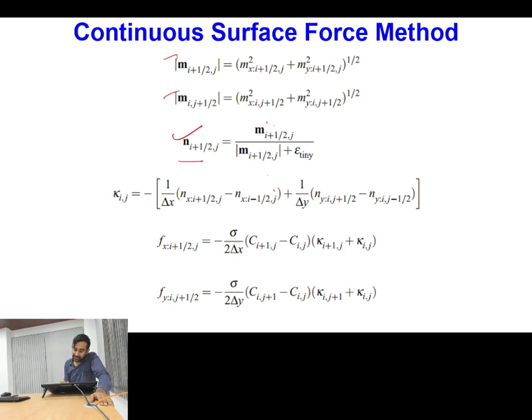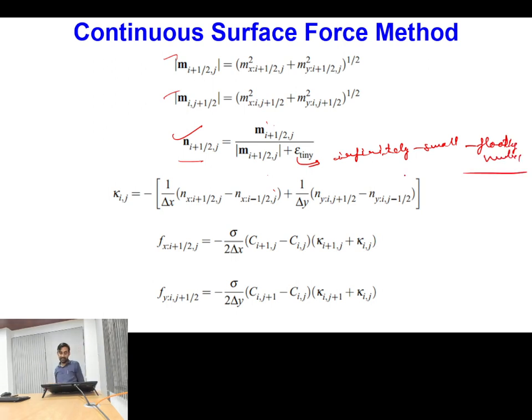So that's why what you can do, you can add some infinitely small floating number here. Okay, so you can add infinitely small floating number in order to avoid that error. So this is one way.